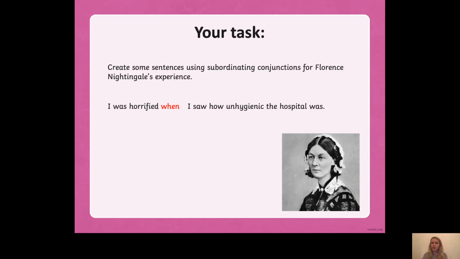You can make them up to do with Florence Nightingale and they can be your own sentences rather than using the first part of the sentence that I have given you. So we've done the first one together. You just need to complete the rest of them. And remember, we are pretending to be Florence Nightingale in this letter. So you also need to make sure that it's all in the first person.